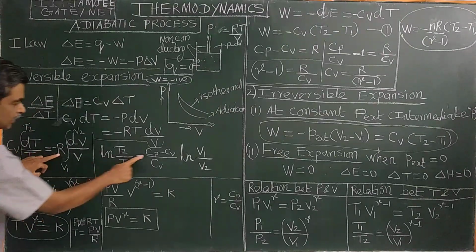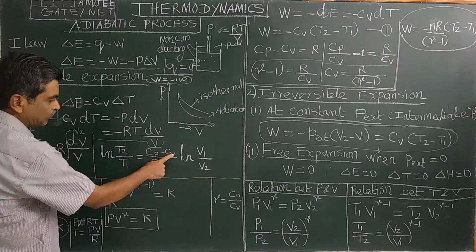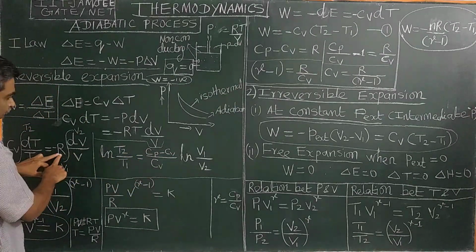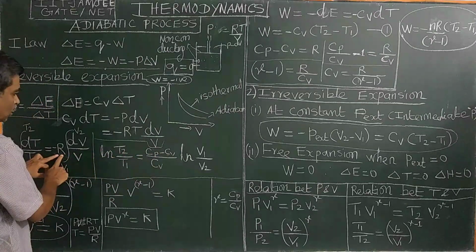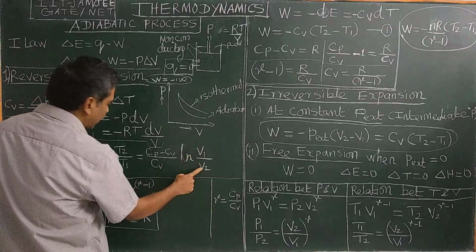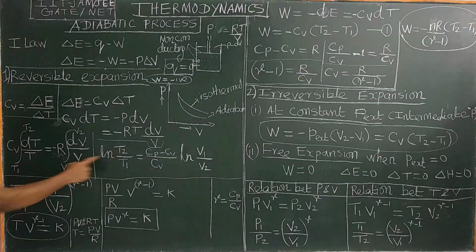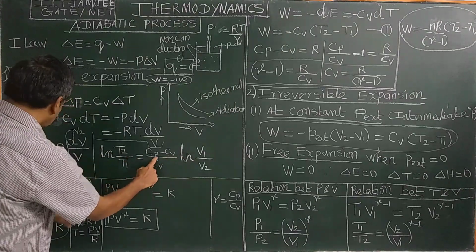According to Mayer's relation, R equals Cp minus Cv. So Cp minus Cv equals R, and dividing by Cv, I am bringing it here, therefore ln V1 by V2. Now I am removing the natural logarithm on both sides.